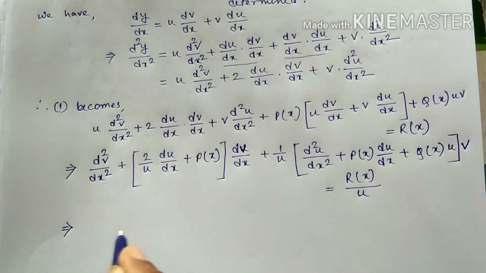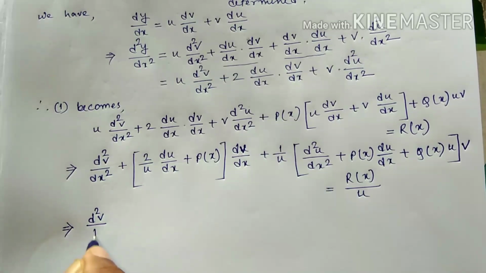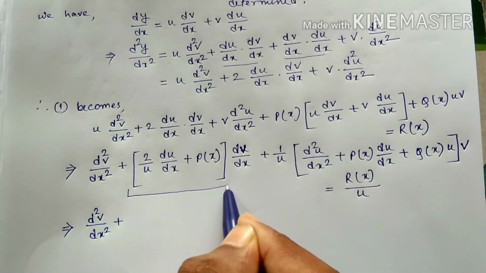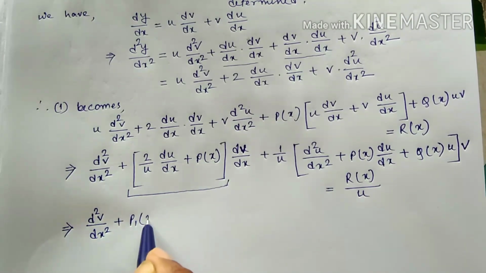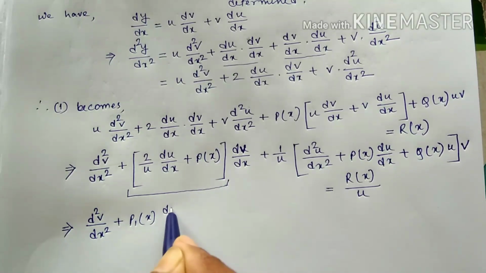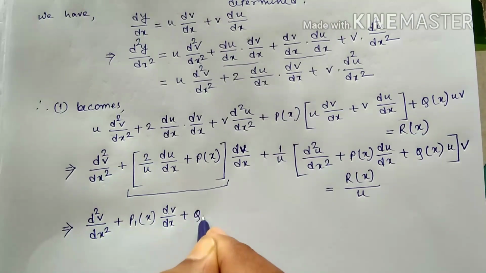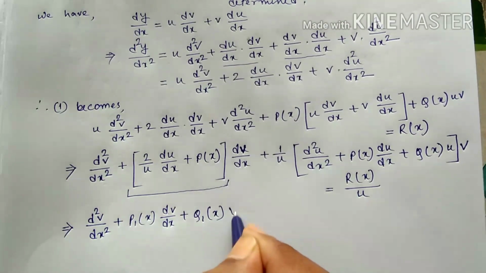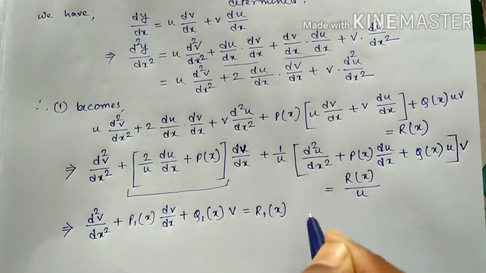This implies that d2v upon dx square plus, we term this function p1 of x, dv upon dx plus q1 of x v is equal to r1 of x.